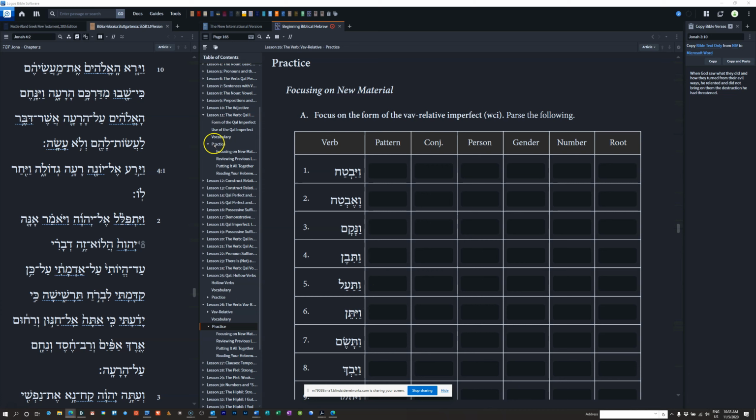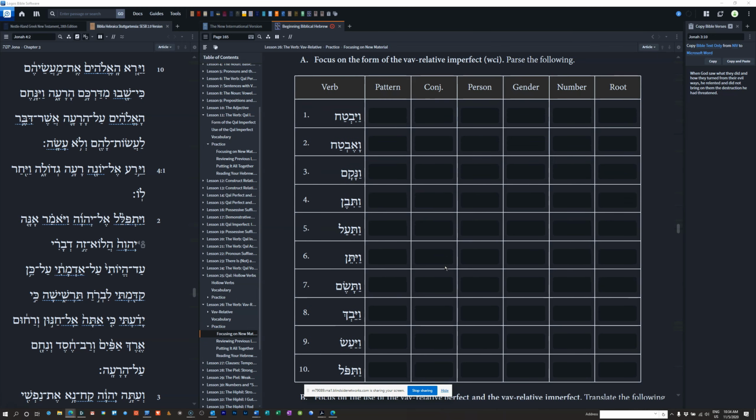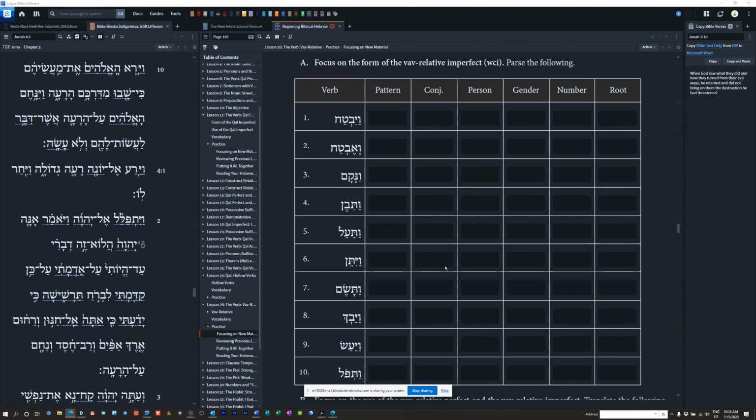So some people just call this the vayik tol form. So just a little bit of preface there to how you may end up changing the way you think about what we're calling the Vav relative imperfect as we go forward. All right, enough said about that. We'll go through here and start our parsing. Like I said, we got a lot to get through today, so let's jump in.